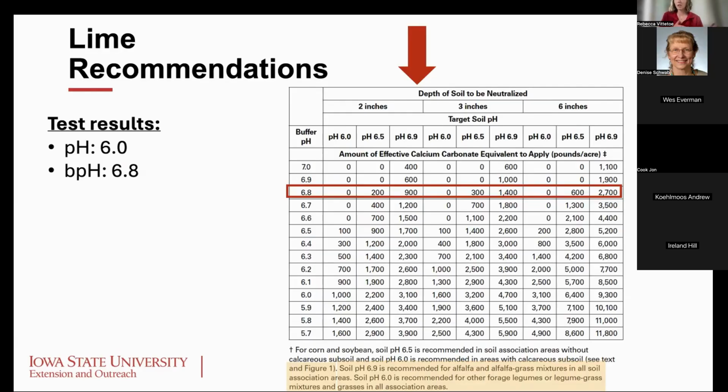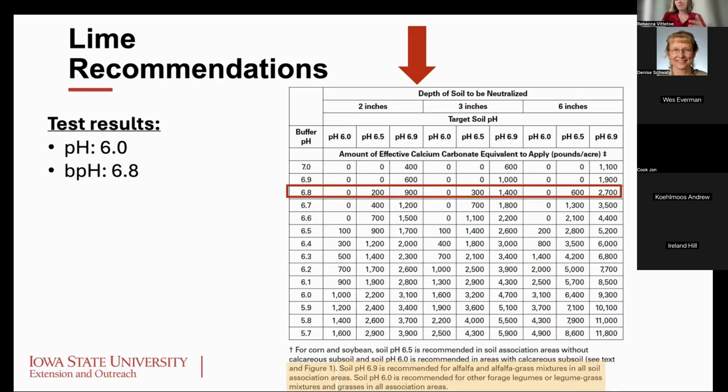So if I have a really low, more acidic buffer pH, it's going to take a lot more lime to increase that pH, whereas if I have a higher buffer pH, it's not going to take as much lime. In this case, our pH from the soil test results was 6.0, and our buffer pH was 6.8.